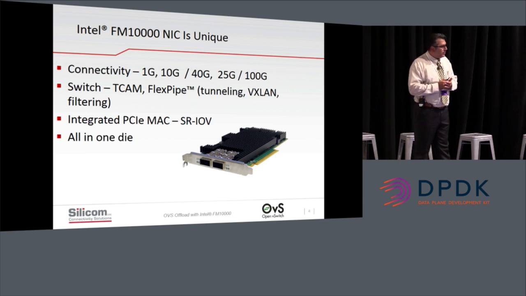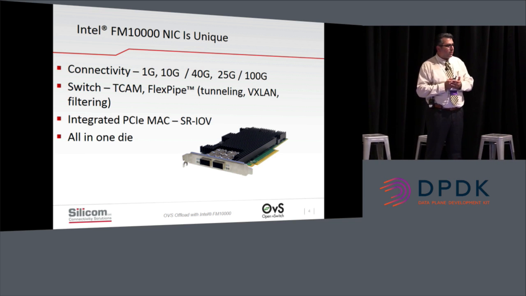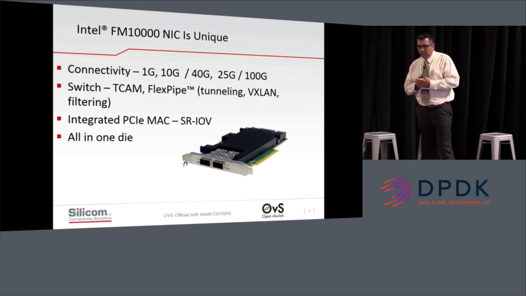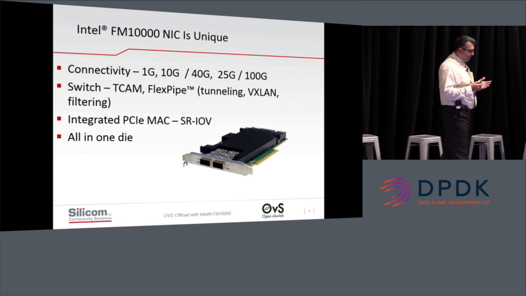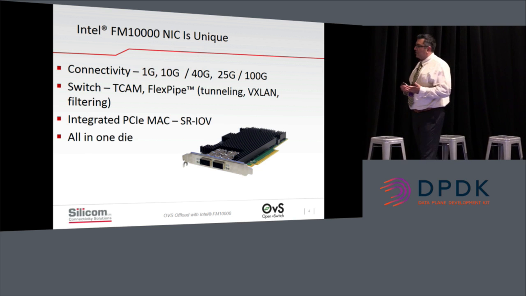Up the data path, there is this switching fabric that consists of a large TCAM for match work and a FlexPipe mechanism that is responsible for doing the actual action after the match has taken place.